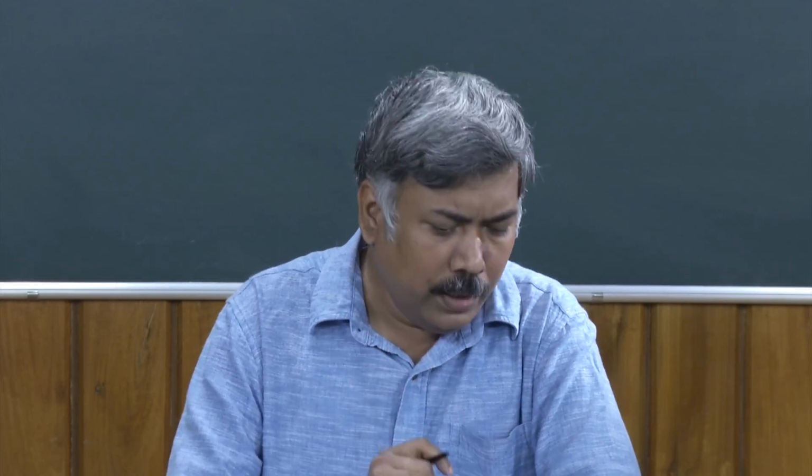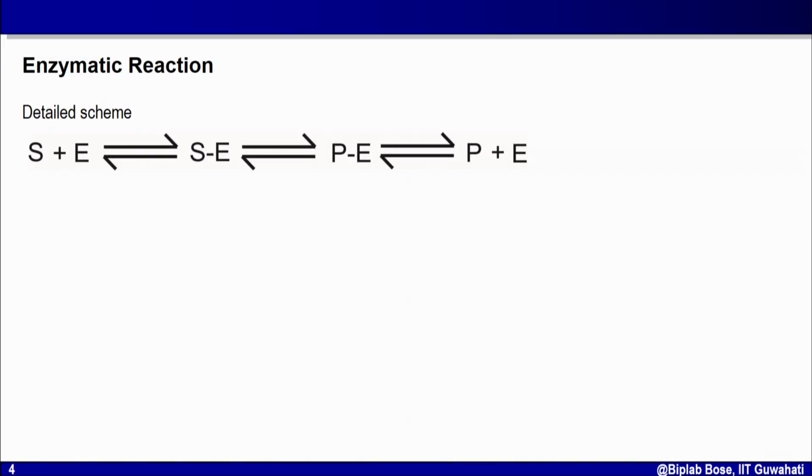The things may get a bit complicated. So let us look into a bit detailed mechanism. Remember, this mechanism that I will show is a generic one. There can be different variants of this also, and accordingly you may have to change your mathematical formulation as a whole. So let us look at the detailed scheme as shown here in this slide.